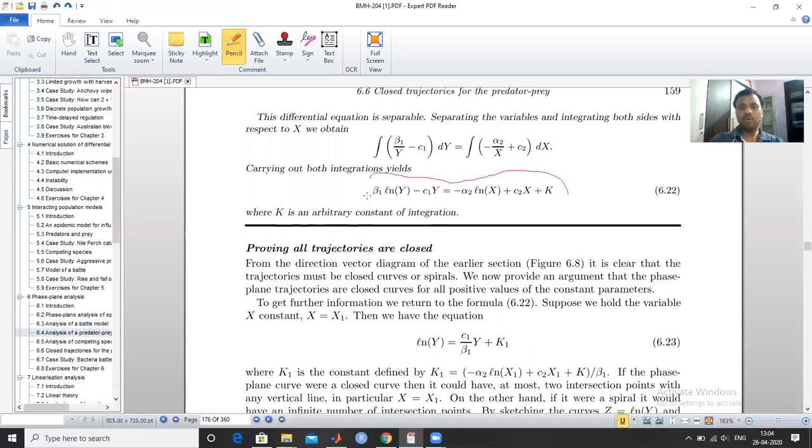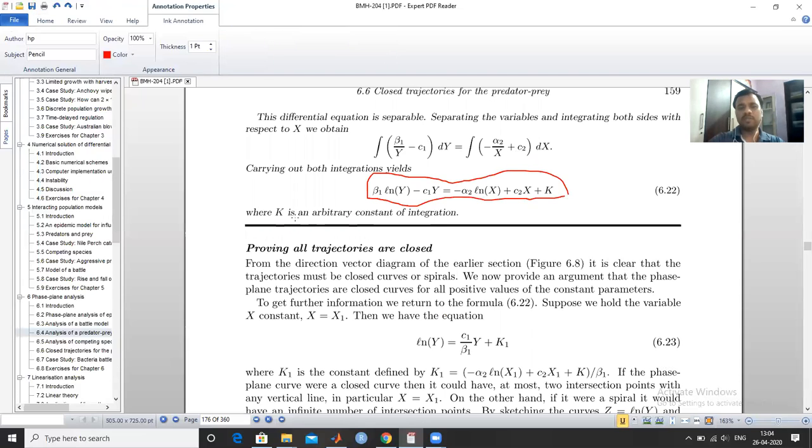Here k is an arbitrary constant which depends upon the initial conditions, so you can plot the curves. Actually, those closed trajectories are plotted by this equation. But this is not easy to plot manually, so we use computer programming.